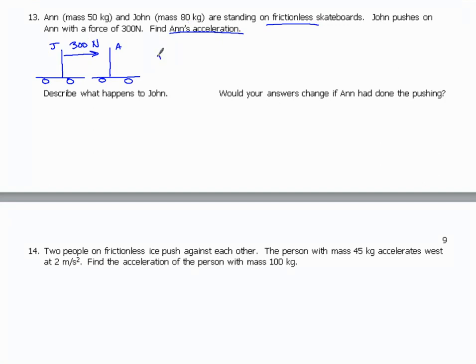That's enough information that we could use Newton's second law, which says acceleration is equal to the net force divided by the mass. So we're going to say the acceleration of Anne is equal to the net force on Anne divided by the mass of Anne.